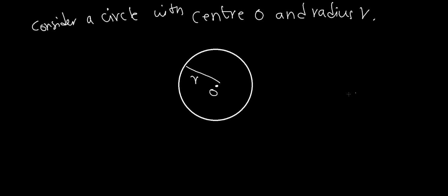This canvas is our plane, and that plane is divided by this circle into three parts. How? This is the interior, this is the exterior, and this is the circle itself.